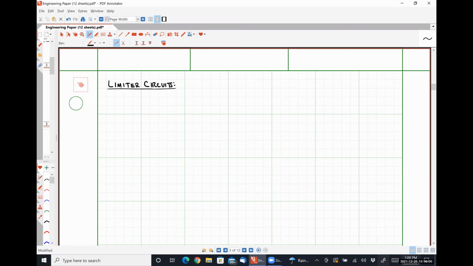So to start with, a limiter circuit is a subset of what are called clipper circuits, okay? Clipper circuit is a very generic term. All a clipper circuit does is clip off part of a waveform, okay?